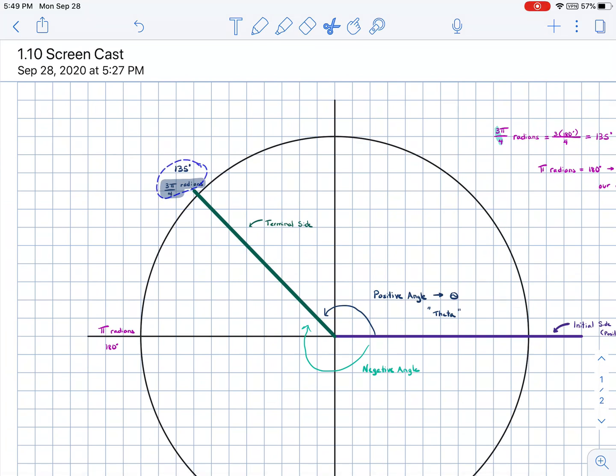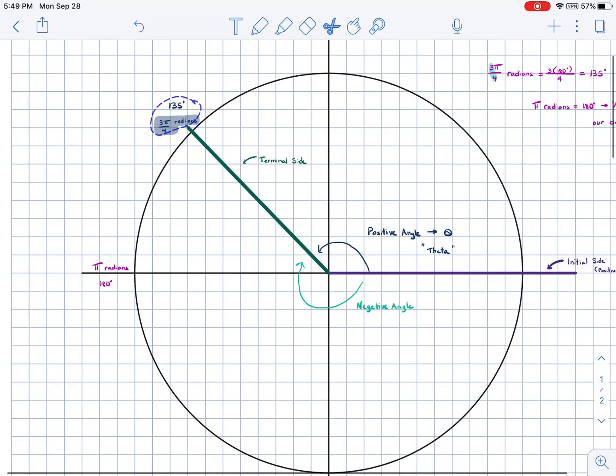Now, if I wanted to think about this as a negative angle, instead of going 3/4 of pi, I would have had to go pi, so I'd have to go this whole pi, and then another 1/4 of a pi.